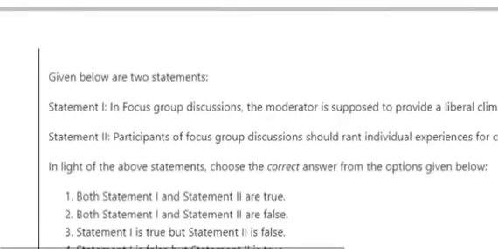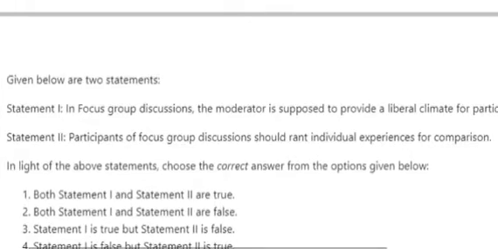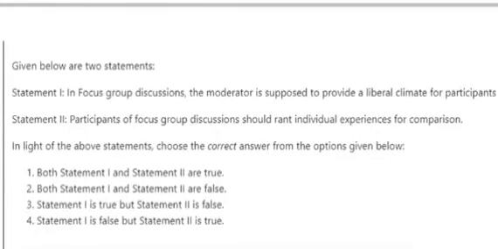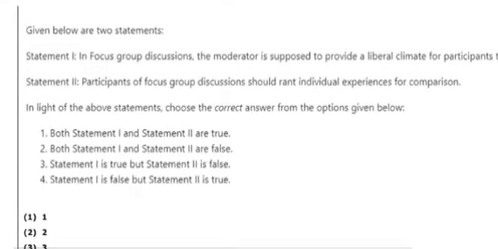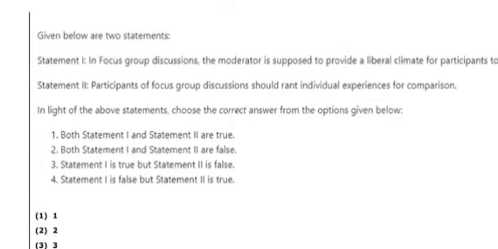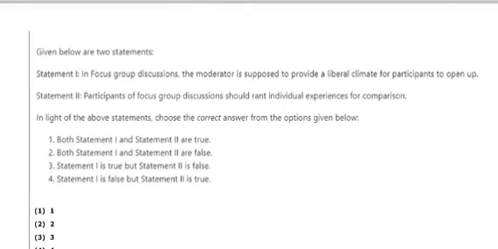Number 15. It's a bit long question. Given below are statements. Statement 1 says, in focus group discussions, the moderator is supposed to provide a liberal climate for participants to open up. Statement 2 states that participants of focus group discussions should relate individual experiences for comparison.